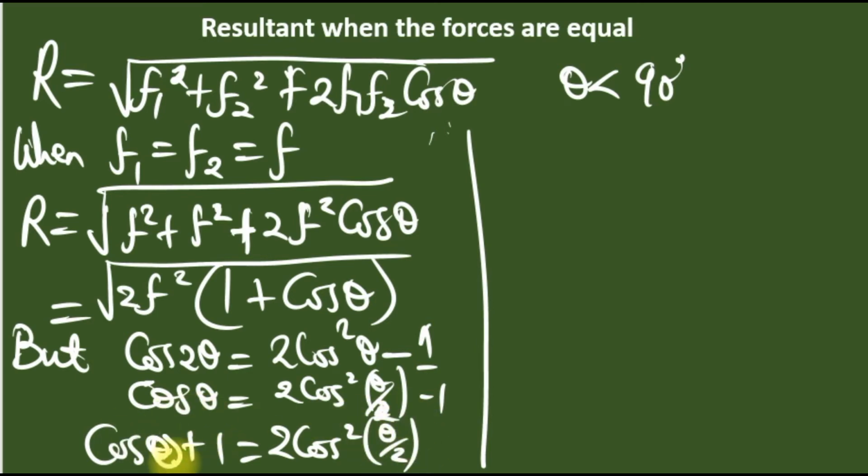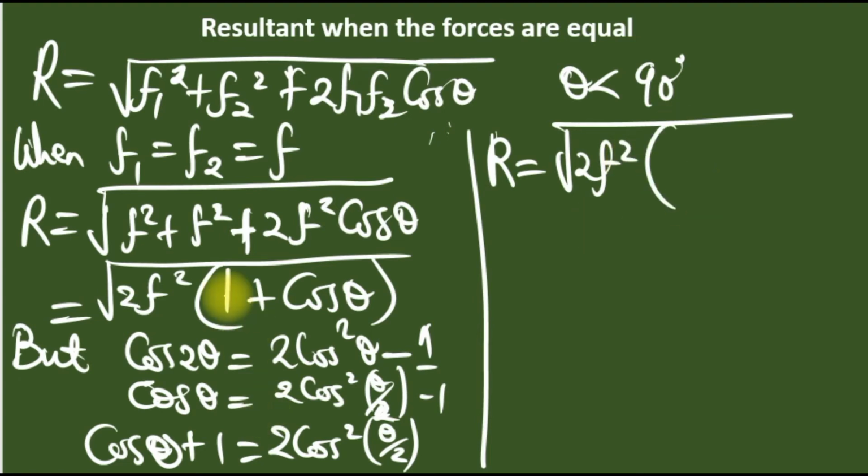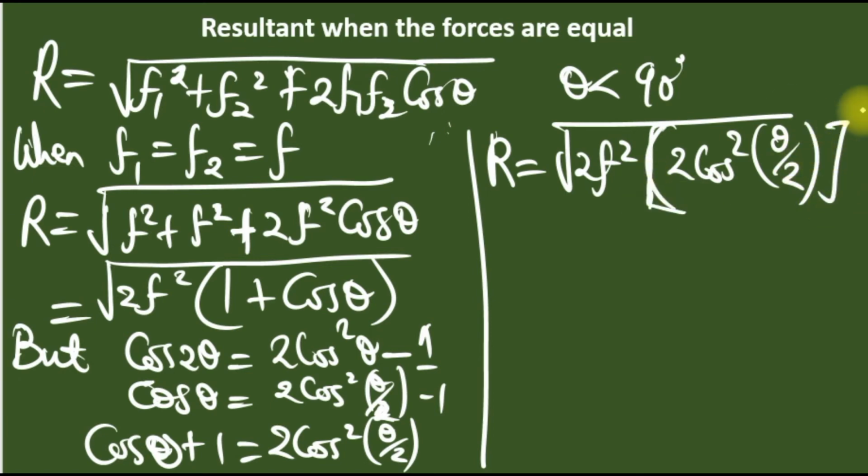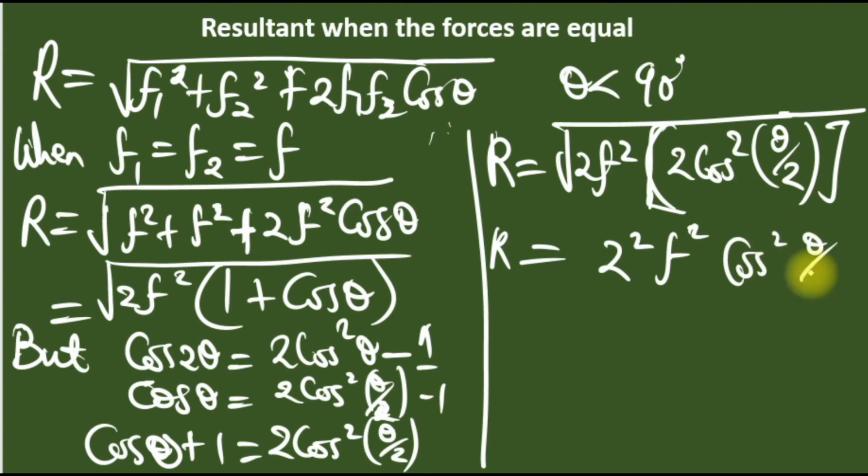So I now replace this with this here. You see that the resultant is now the square root of 2F squared, where I replace 1 plus cos theta with 2 cos squared half theta. So 2 times 2 is 2 squared, F squared, and cos squared half theta, all in square roots.